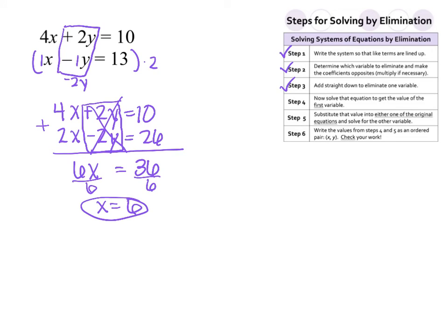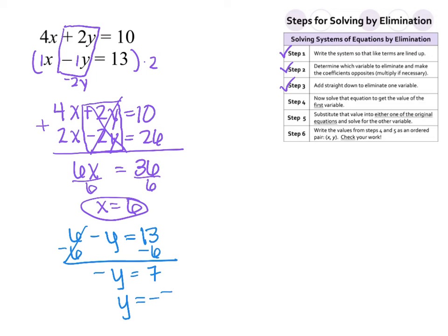Once I find x, I can find y by plugging 6 back in for x. I'm going to use the second equation: 6 minus y equals 13. Then I can get y by itself by subtracting 6 from both sides. Negative y equals 7. Well, if negative y equals positive 7, then positive y equals negative 7.